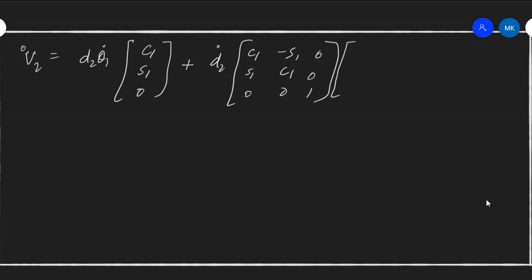We had found the general transformation matrix from frame i plus 1 to frame i, where we have used alpha, theta, d and a. So the 3 cross 3 part of that would be used in this case.